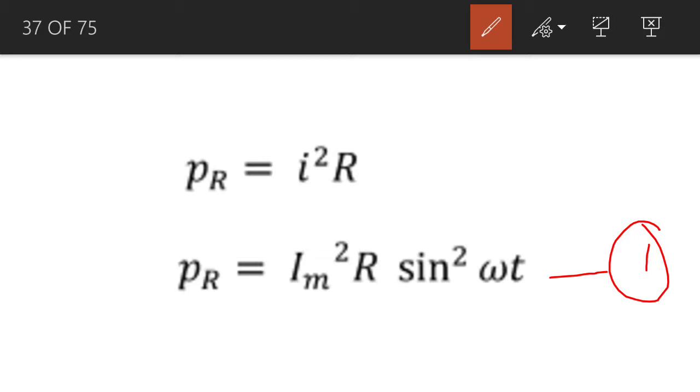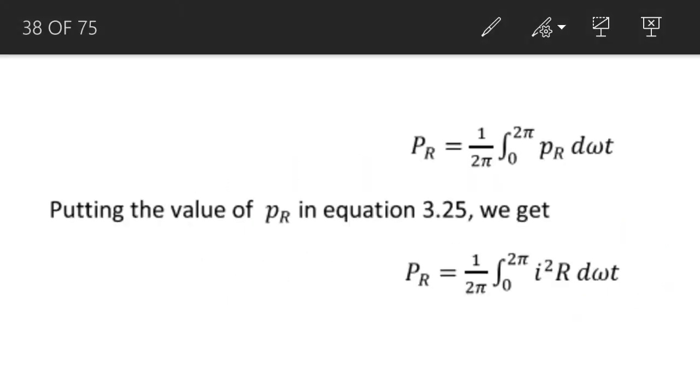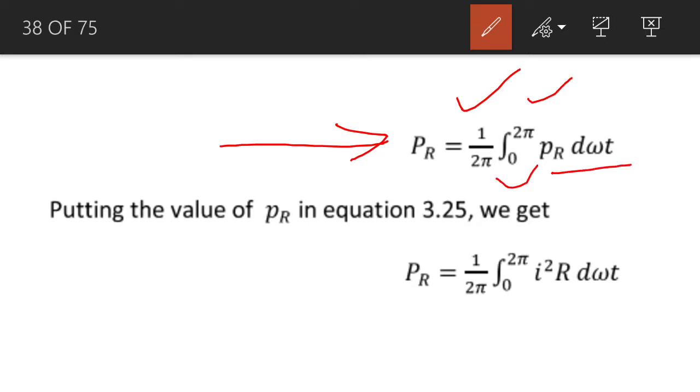We want to calculate the average value of this AC power, and you know how we calculate the average value. So let us discuss the average value of the AC power which is taken by this same resistor from the AC voltage source. It is equal to 1 over 2 pi, the integration from 0 to 2 pi of PR d omega t.